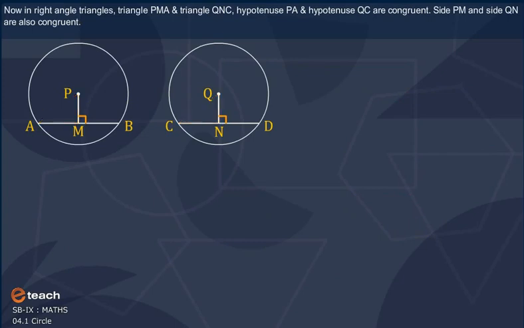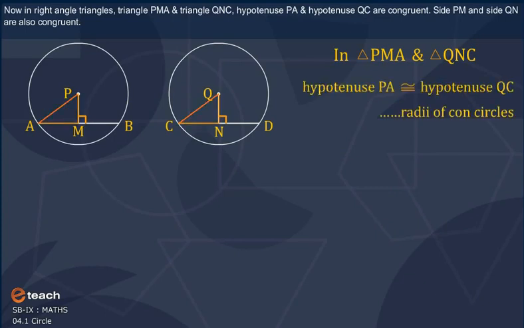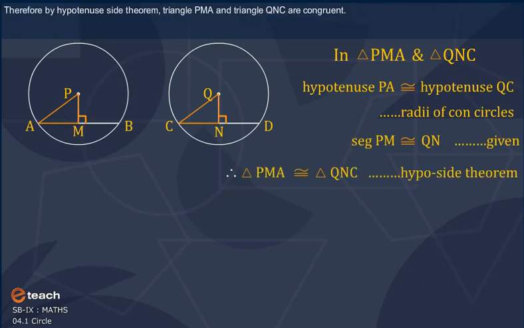Now in right angled triangles, triangle PMA and triangle QNC, hypotenuse PA and hypotenuse QC are congruent. Side PM and side QN are also congruent. Therefore, by the hypotenuse side theorem, triangle PMA and triangle QNC are congruent.